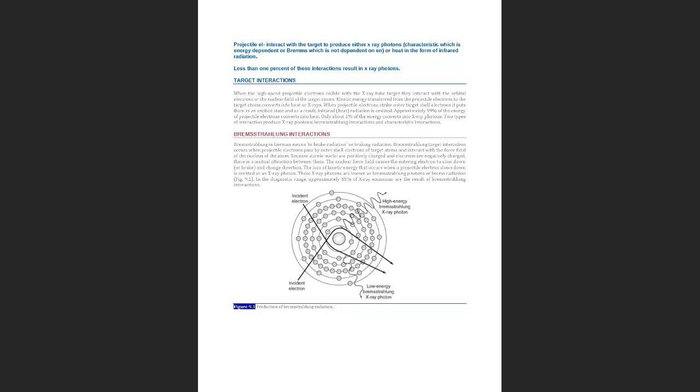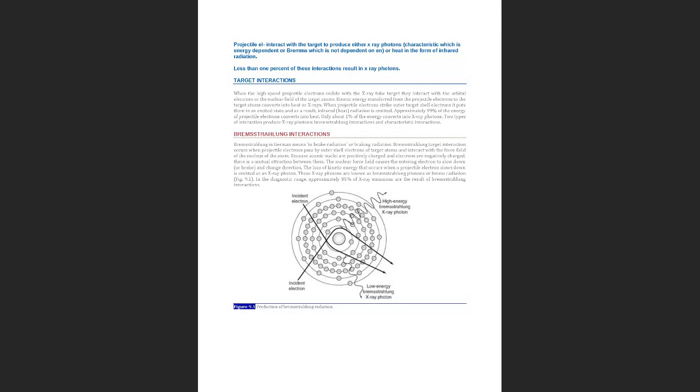So if we want to think about it this way, we could say this incoming projectile electron had 90 keV energy. When it exited, it had 80 keV energy. So this Brem's X-ray photon would only have 10 keV energy. That's all the energy it has.